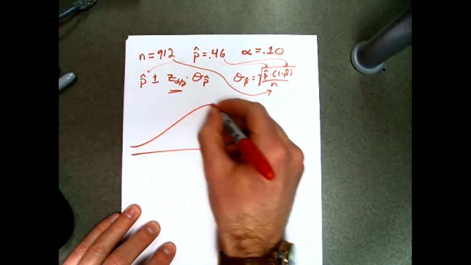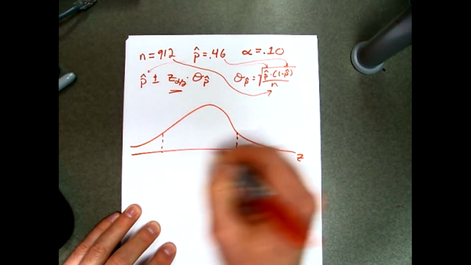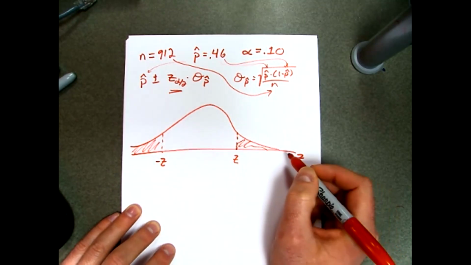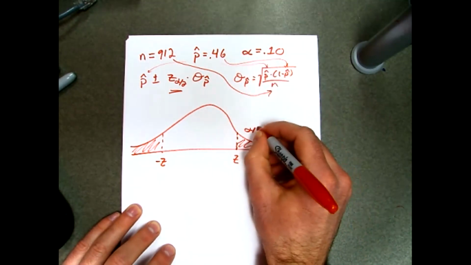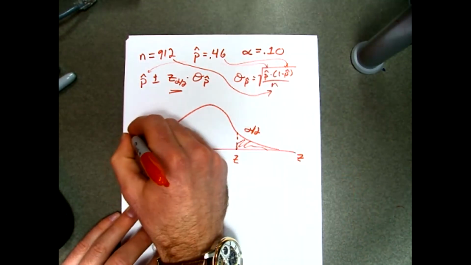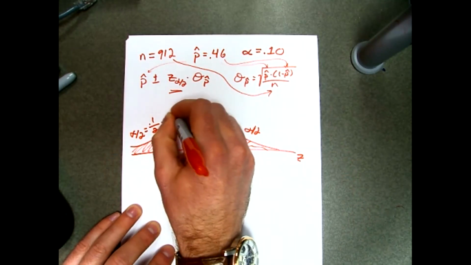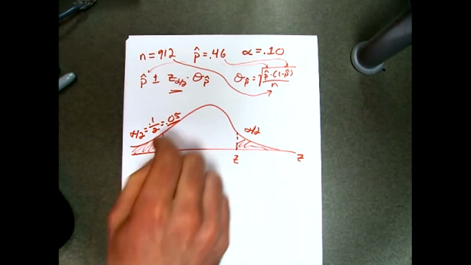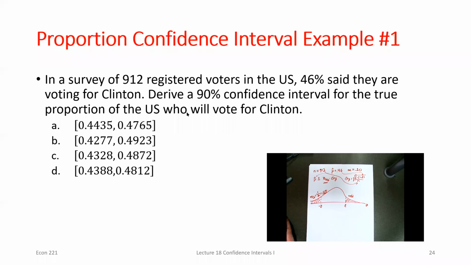The way we find that z-value is the number of standard deviations above and below that would give us alpha total on each side. If I've got two sides and alpha is 0.1, there would be half of alpha on each side, so 0.1 over 2, or 0.05. Now I can go to the table, look up that probability of 0.05 and find the corresponding z-value.